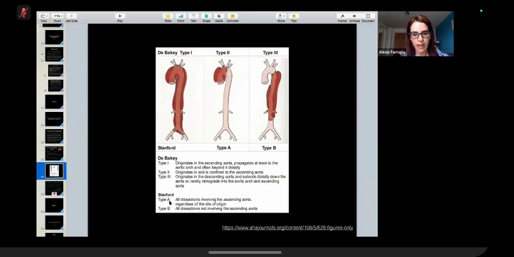A Stanford type A involves all the dissections involving the ascending aorta, regardless of the site of origin. So if the ascending aorta is involved, then it's a type A. That's how I remember it. I prefer using the Stanford; I feel it's an easier classification for memory purposes. And type B are all the other dissections which do not involve the ascending aorta.